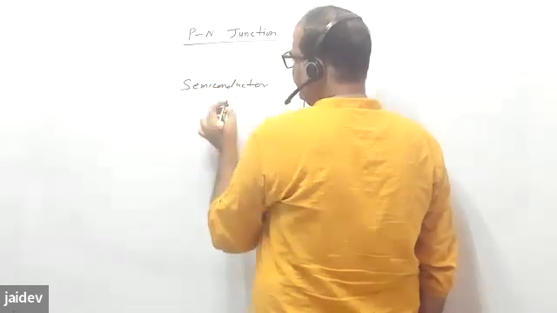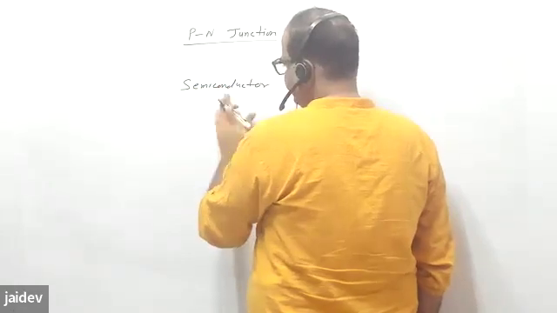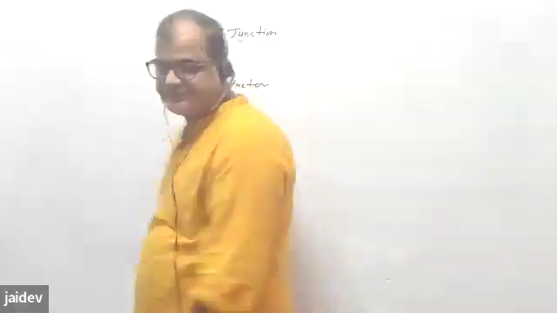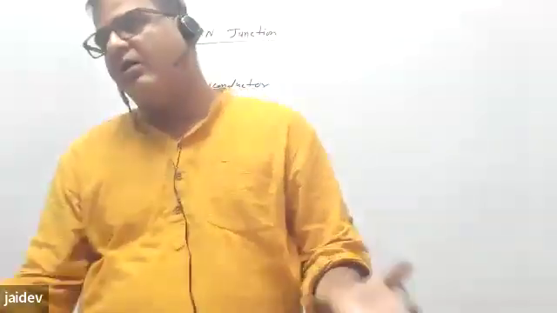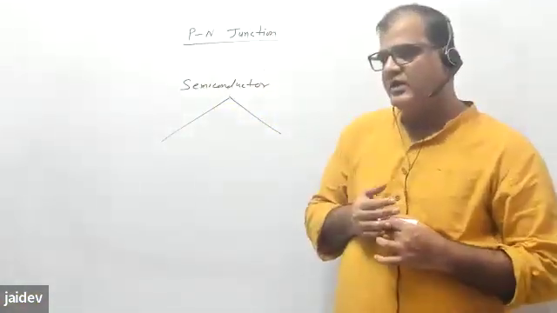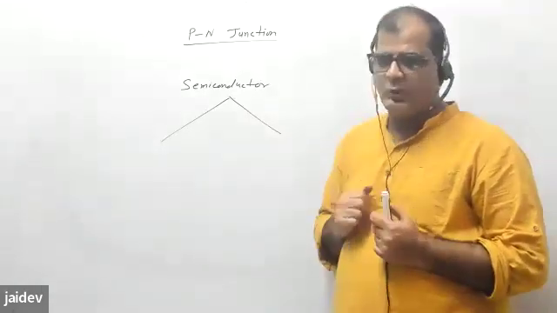Now, semiconductor is a very important class of material. It has some properties because of which all electronic devices are made of semiconductor. One such property is doping.